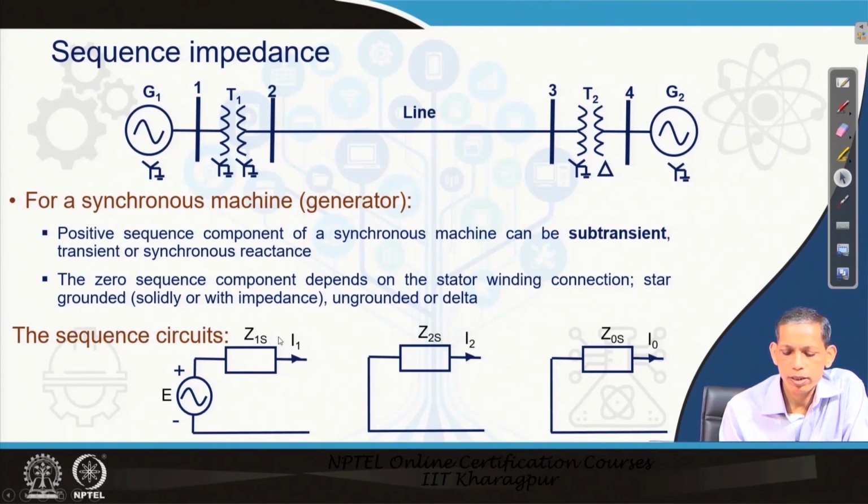Then in the negative sequence we simply put it in terms of Z2S only, because we consider that generators produce balanced voltage.